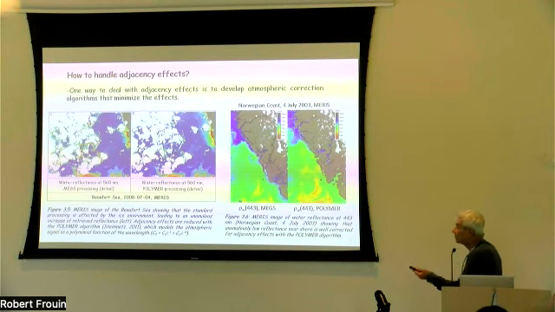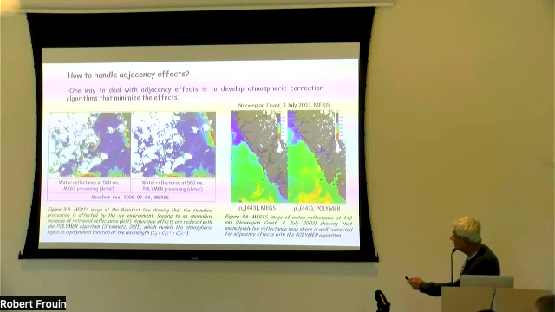And again, if you're not aware of this effect and you look at a standard product like this one, you say, ooh, really interesting, they have some blooms near the ice. Or something different, where actually there's less chlorophyll near the ice. An interesting phenomenon is actually just an artifact of the algorithm that does not take into account the adjacency effect. So just be careful.